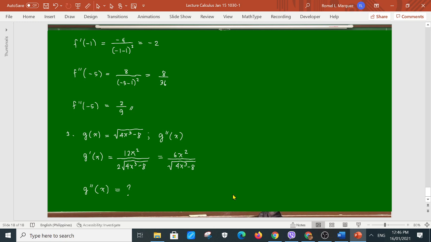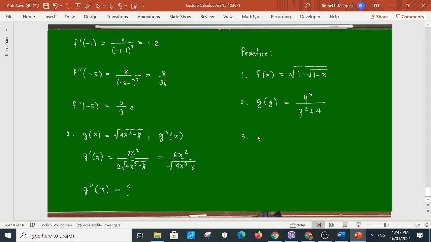Guys? And then for practice, these others are just practice. So find the derivative. Let's say we're given f of x equal to the square root of 1 minus the square root of 1 minus x. Number 2, g of y is equal to y cubed over y squared plus 4.